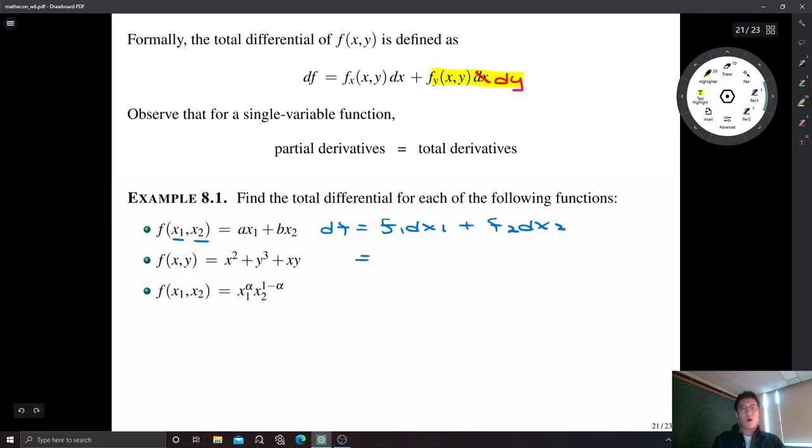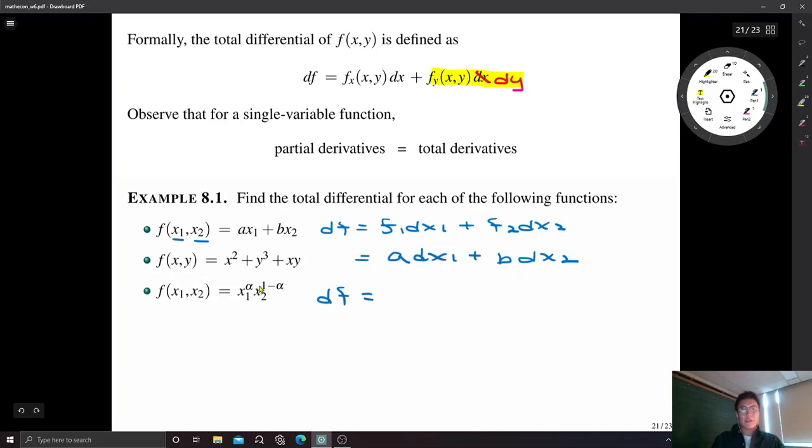So f sub 1 is going to be a, because b x2 is a constant, times dx1. And f sub 2, now a x1 is a constant, so f sub 2 becomes b dx2.